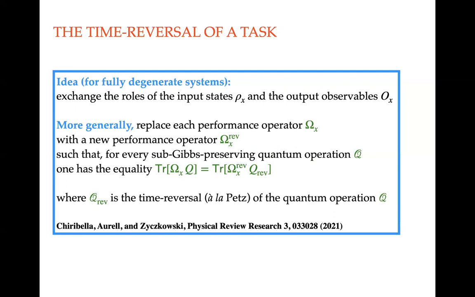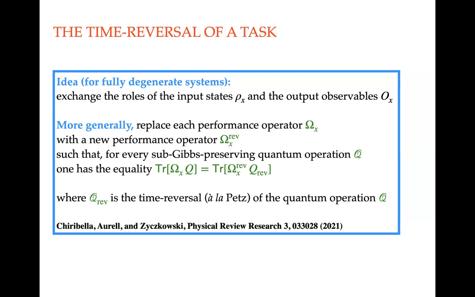More generally, if you have a task that is defined by some performance operator omega x, we can define a new performance operator, the reverse of omega x, through this equation. This equation tells you that basically the performance of the original performance operator on a quantum operation, a trace non-increasing completely positive map that is sub-Gibbs preserving, should be equal to the trace of the new performance operator, the reversed one, with the time reversal of the original quantum operation.